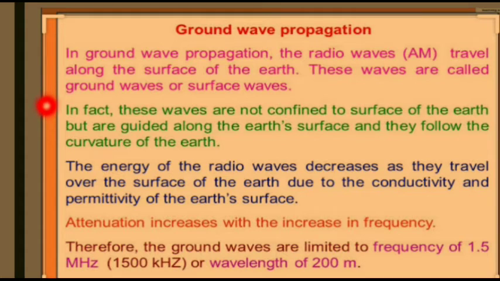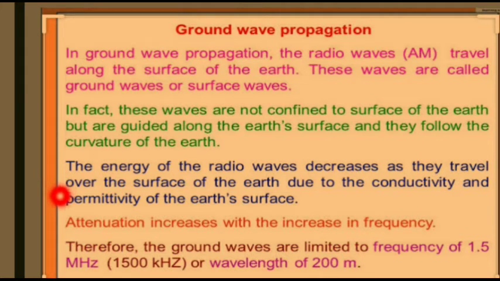In fact, these waves are not confined to the surface of the earth, but are guided along the earth's surface, and they follow the curvature of the earth, right? And the third one, the energy of the radio waves decreases as they travel over the surface of the earth due to the conductivity and permittivity of the earth surface.